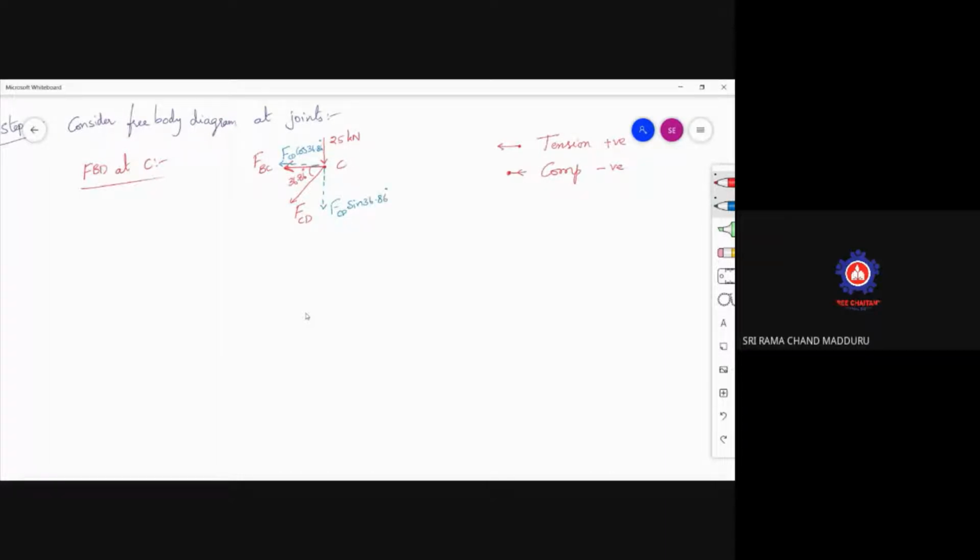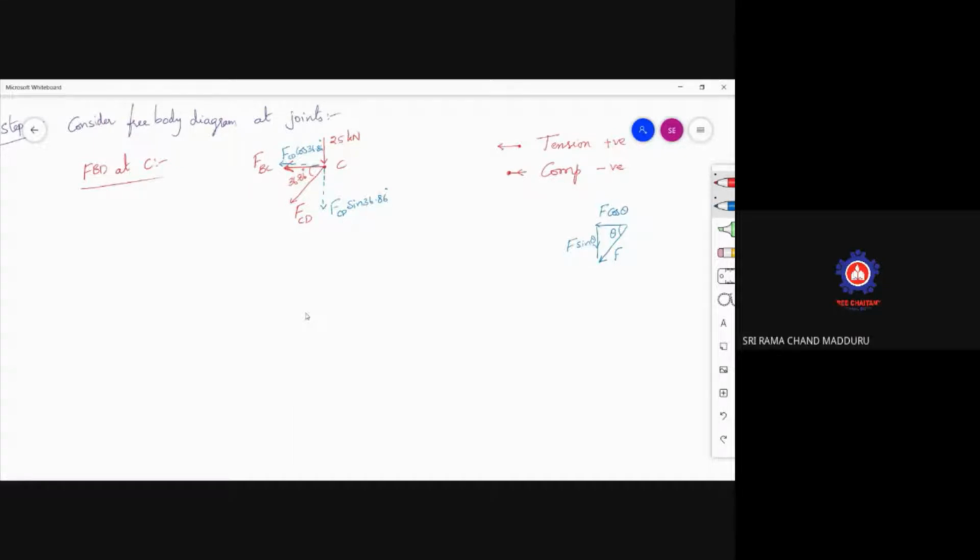The simple way is: if this is F and this is theta, this is F cos theta and this is F sin theta. In a similar way, the resolution of the forces is done.